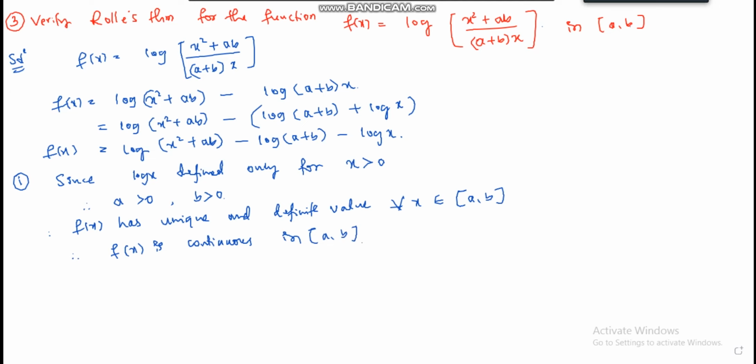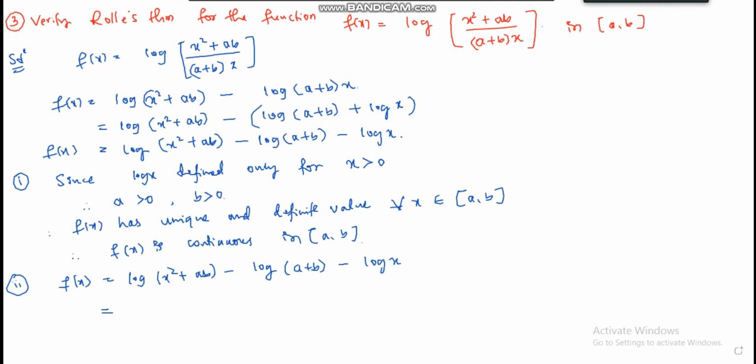Now we go for the second condition. We know f of x is log of x square plus ab minus log of a plus b minus log x. Just differentiate this one. Log x differentiation is 1 by x.